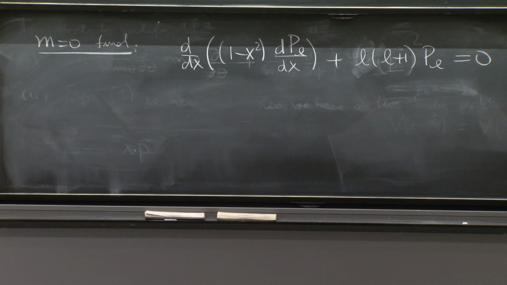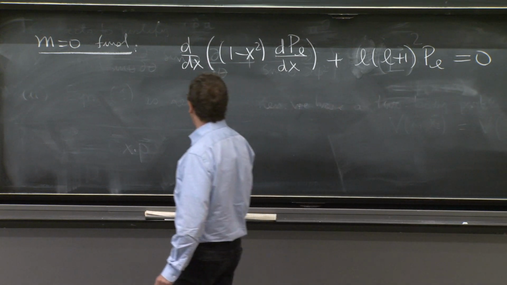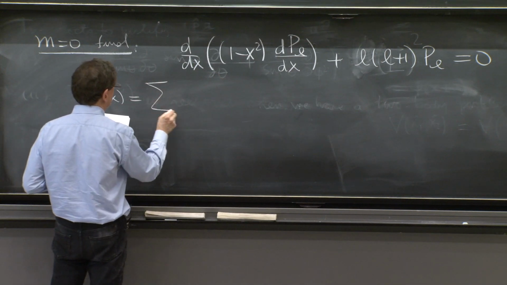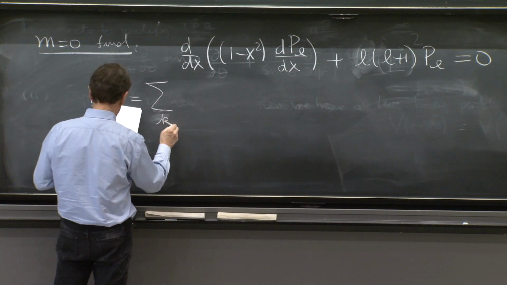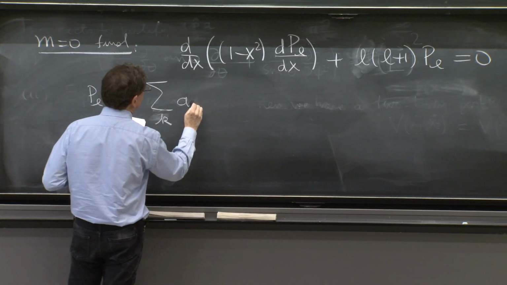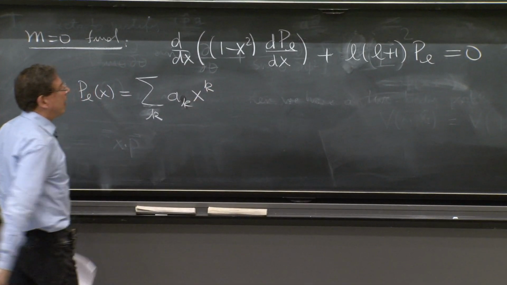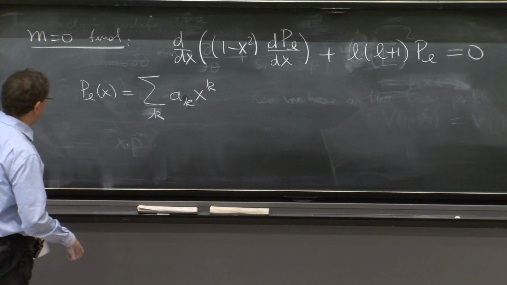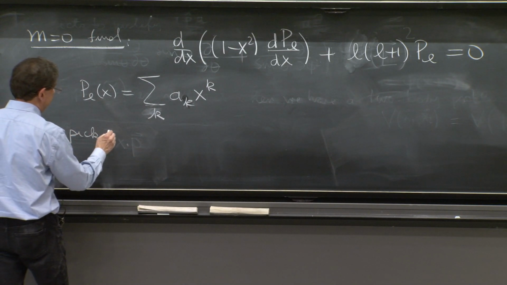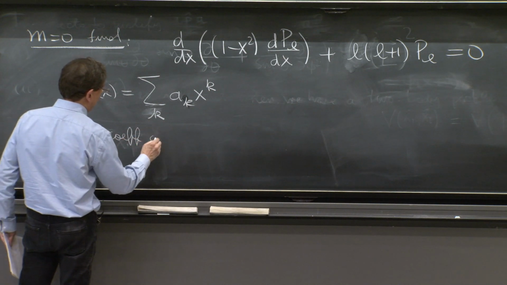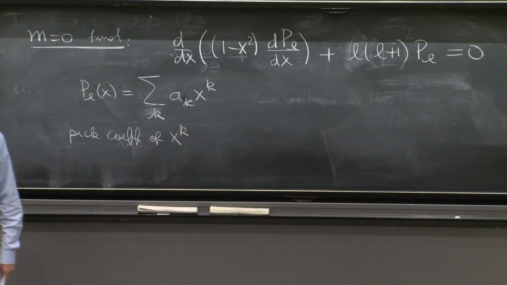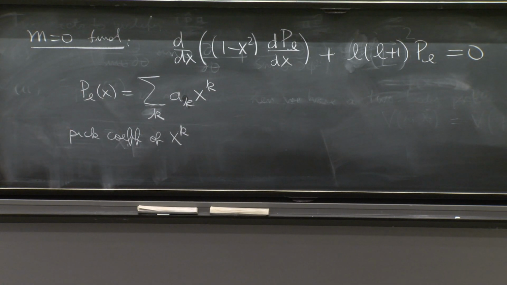So this we solve by a series solution. We write P_L of x equals the sum over k of a_k x to the k. And we substitute in there. Now, if you substitute in it and pick the coefficient of x to the k, you get a recursion relation like we did for the case of the harmonic oscillator.